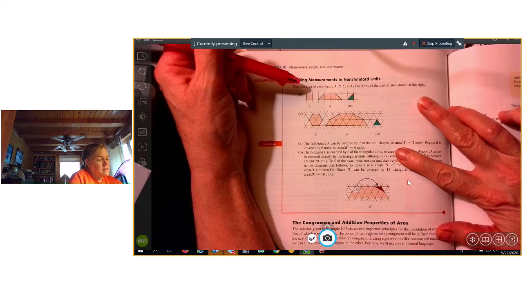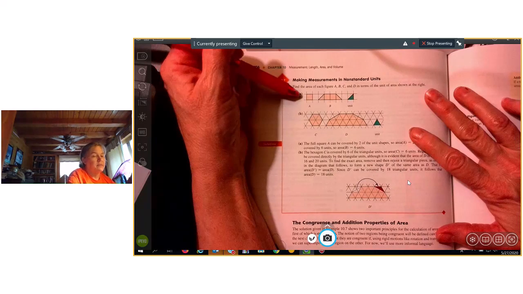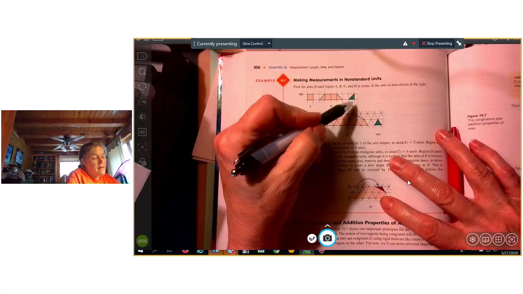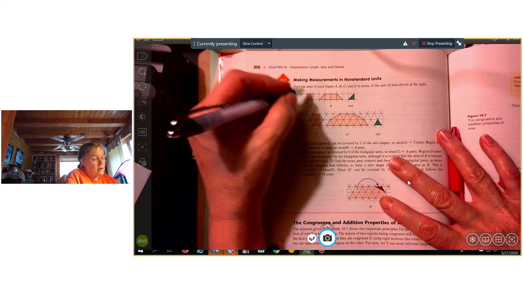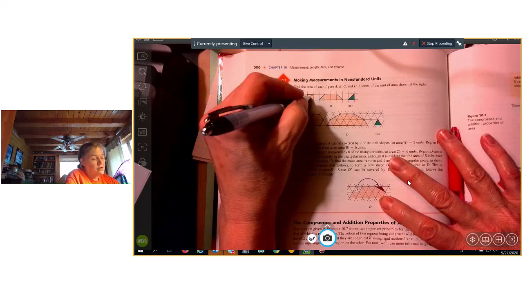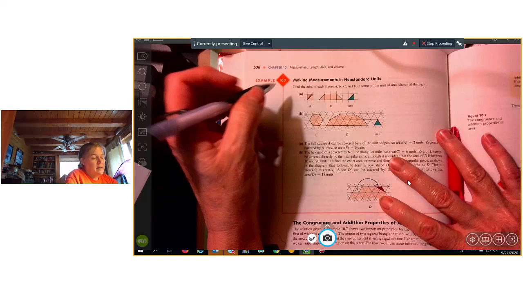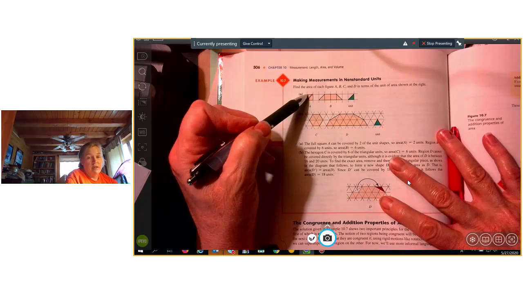So you can see as you're looking at this that this half of a triangle, if I was to pick this up or cut this out and put it here, that it would divide this triangle just right in half. So A is actually going to be just 2 units of this shape.